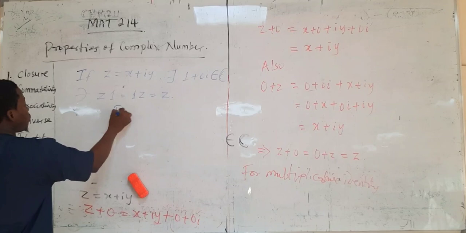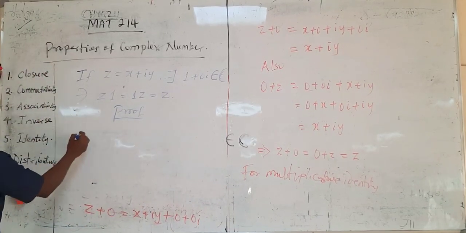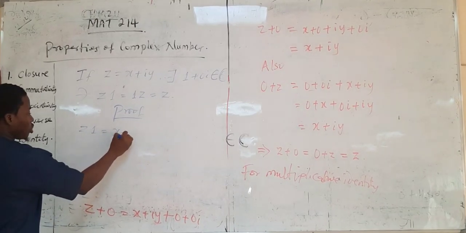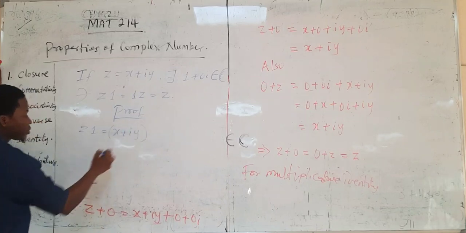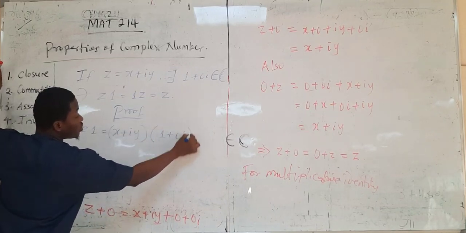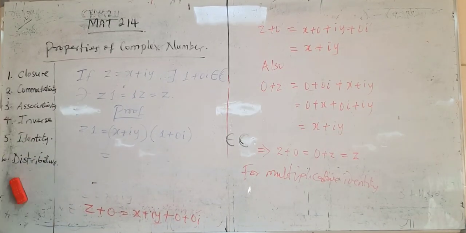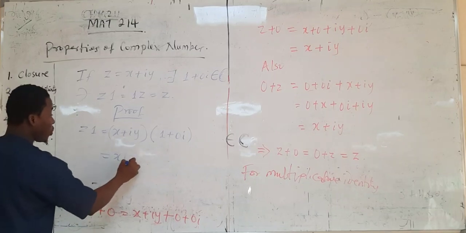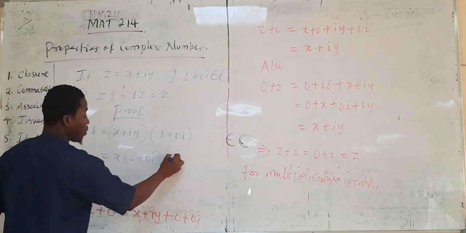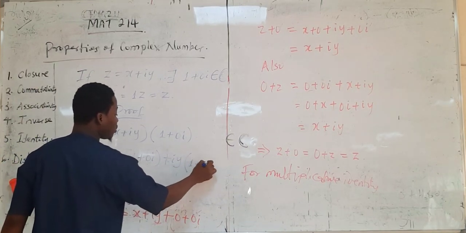So the proof is that z1 is equal to x plus iy times 1 plus 0i, which is the same thing as x(1 plus 0i) plus iy(1 plus 0i).